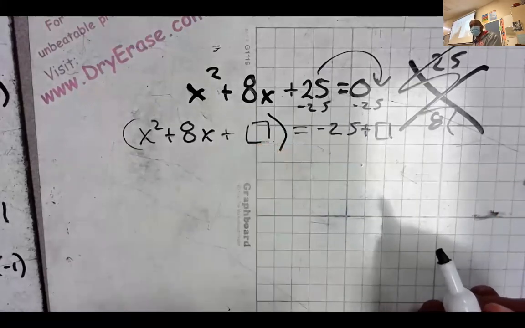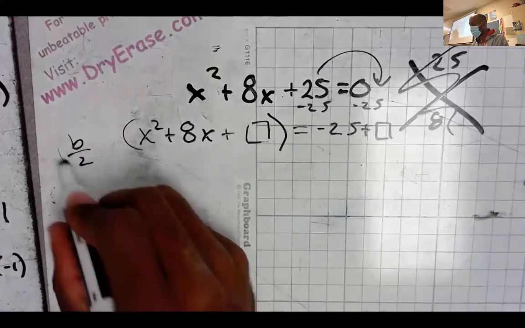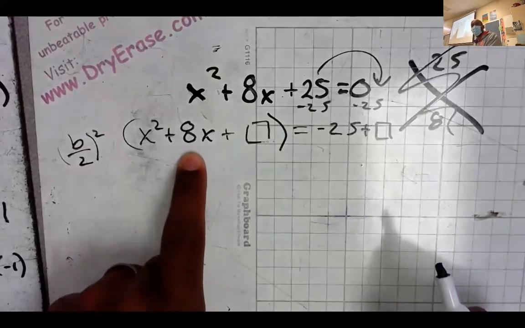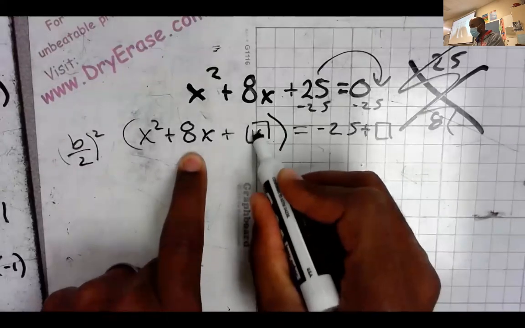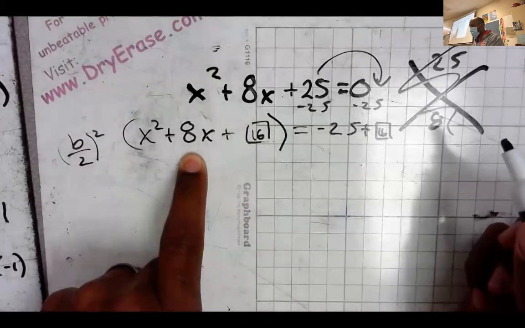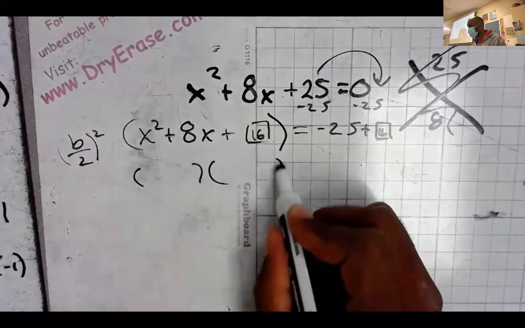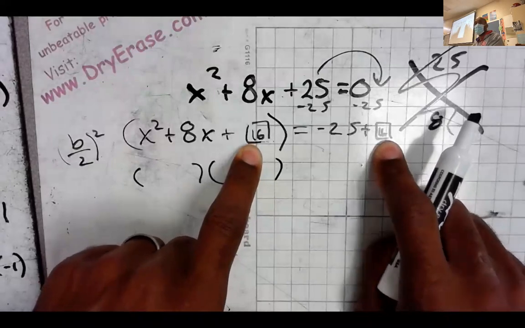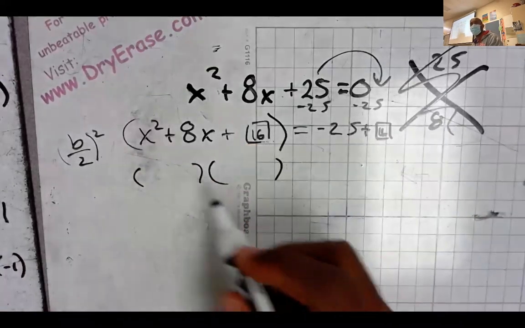Remember, to get that number in the square, it was b divided by 2, and then you squared it. So 8 divided by 2 is 4, and I square that, I get 16. Okay, and notice I added it on both sides, by the way. Now, when you work backwards, you don't have to worry about adding to both sides. It's just this part that matters.